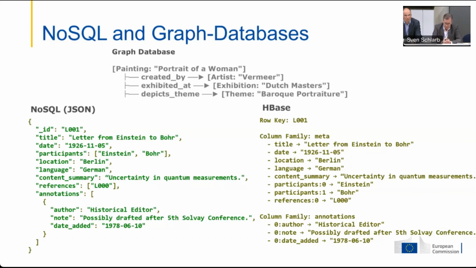So you have no schema, you just store the documents and then have a query language to query against these documents. As it has no schema, it also has disadvantages because you can't rely upon certain properties to be in your database, but there are also ways to get around that. On the right side, you see an HBase example, which is a bit more complicated because you have column families with the different properties underneath.